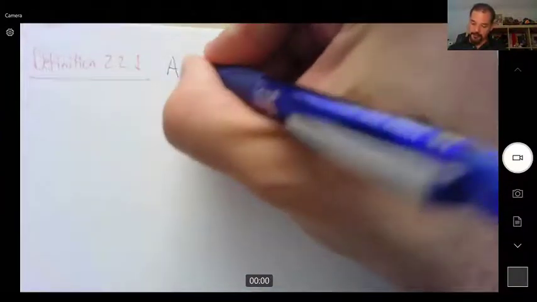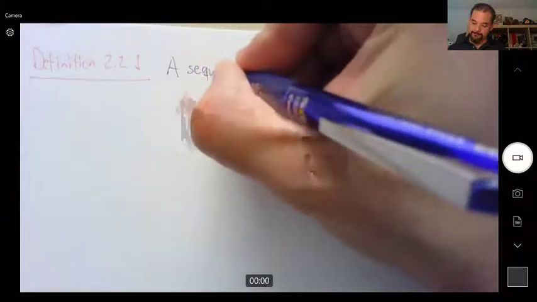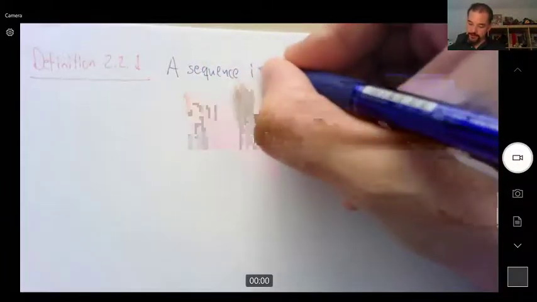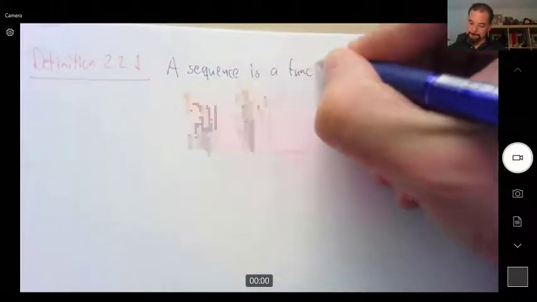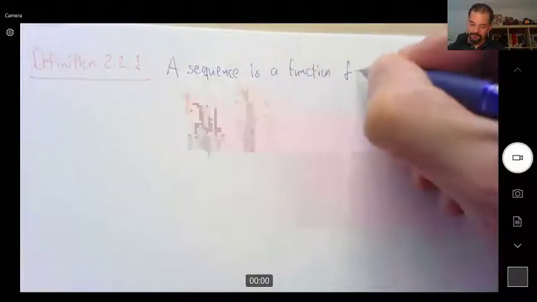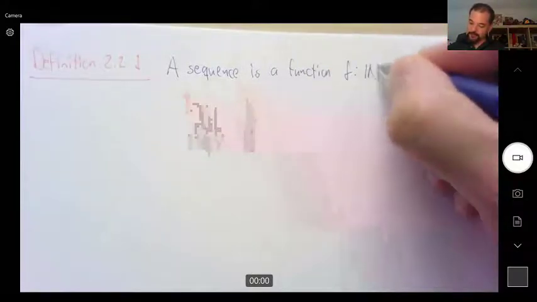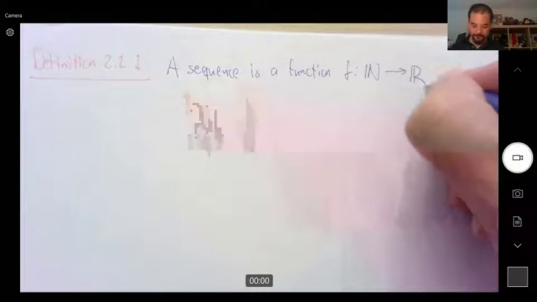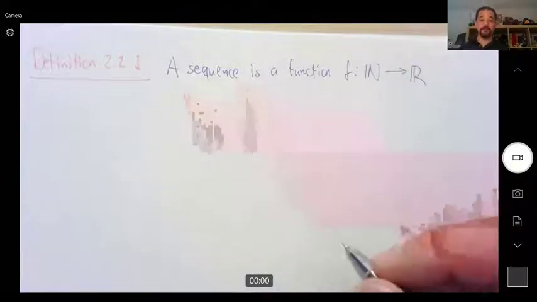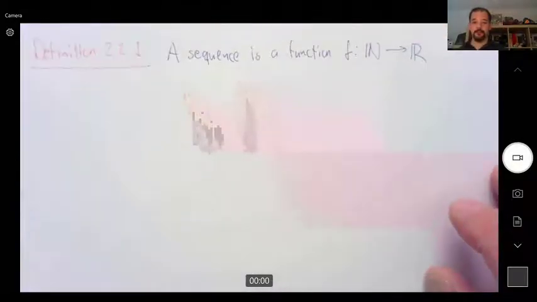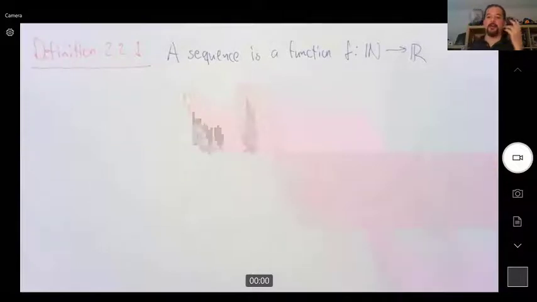So a sequence is a function f from the natural numbers to the real numbers. That's what it is. That's what a sequence is, right? It's like a numbering of some real numbers. Right?